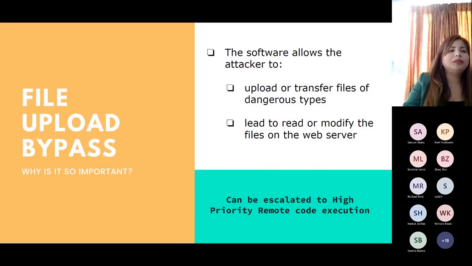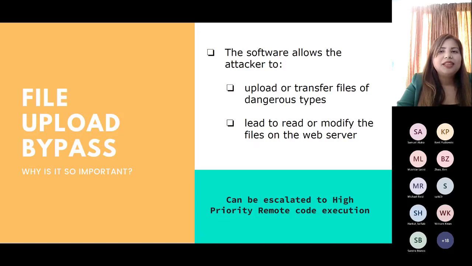There's a new attack coming up now, which is file upload bypass. In this attack, this is a little bit less priority than the first two described here, but it can definitely be escalated to a higher priority issue if it leads to remote code execution. Some file upload bypasses can lead to getting the entire shell of the web server and getting commands executed.